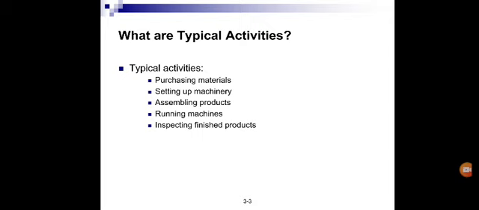And then assembling products. So in many manufacturing businesses, they have to do the assembly. For businesses that produce toys, for example, or a small computer, they have to assemble something.